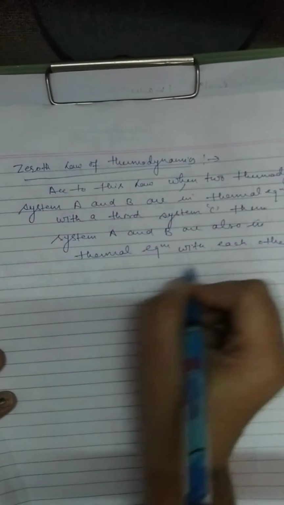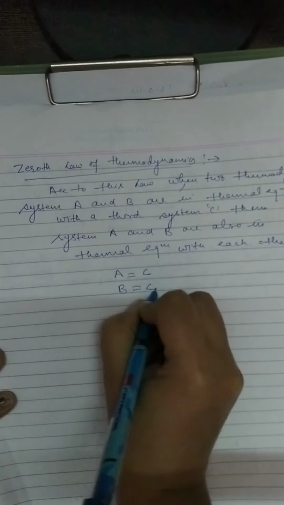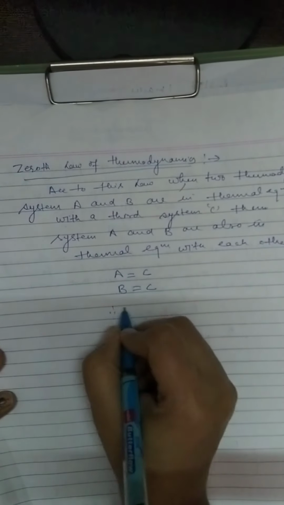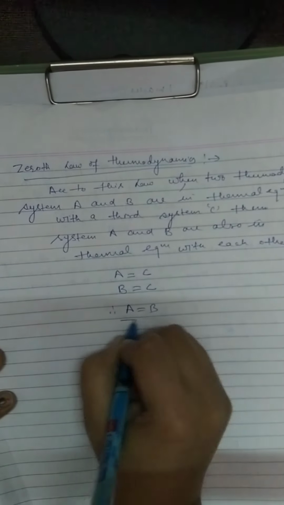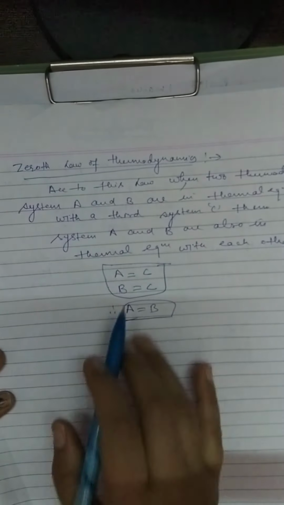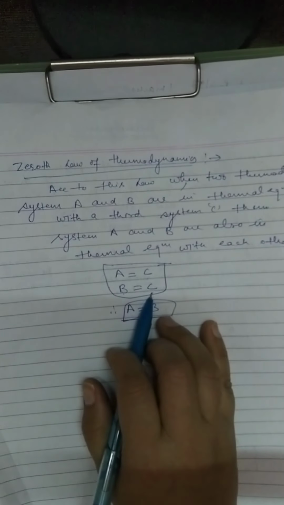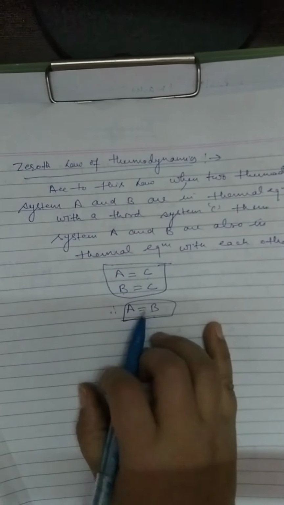A is in thermal equilibrium with C, B is in thermal equilibrium with C. तो ऑटोमेटिकली therefore A is also in thermal equilibrium with B. ये students आपको जैसे maths में equation करते थे, A is in thermal equilibrium with C, B is also in thermal equilibrium with C. तो A is also in thermal equilibrium with B.